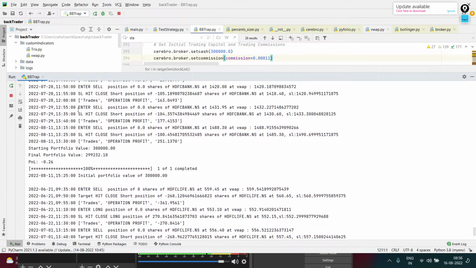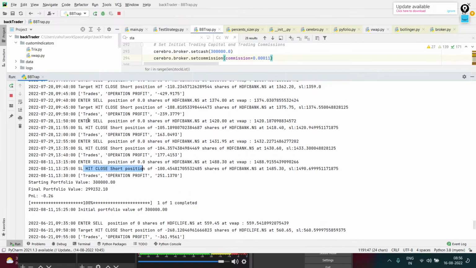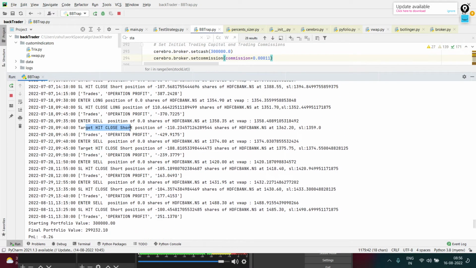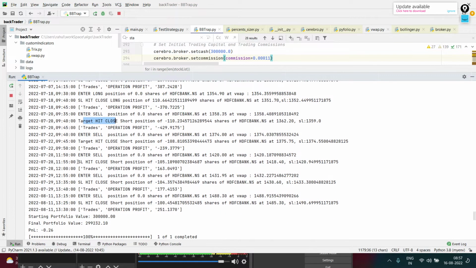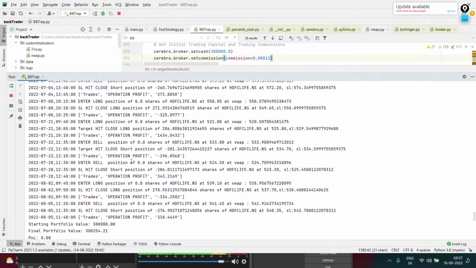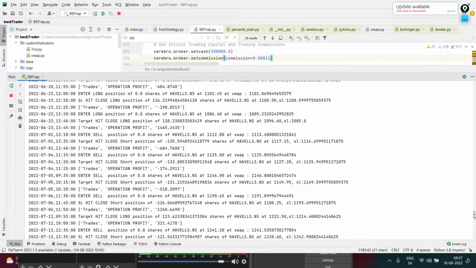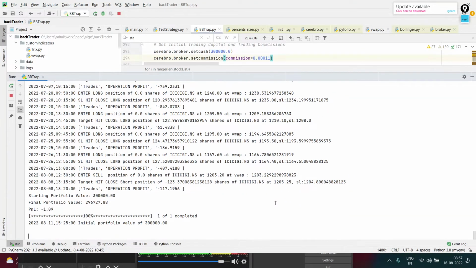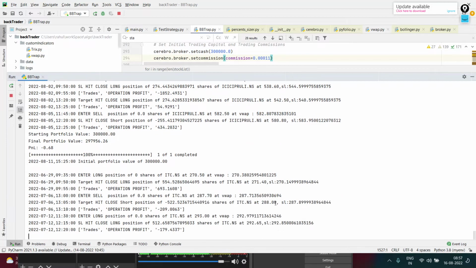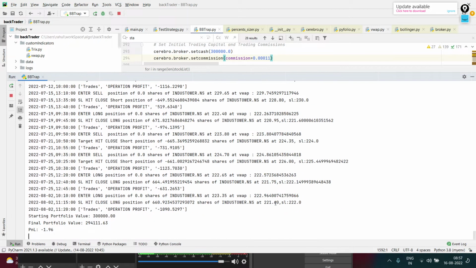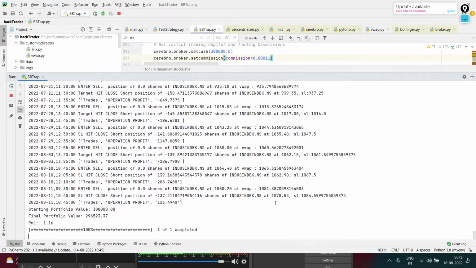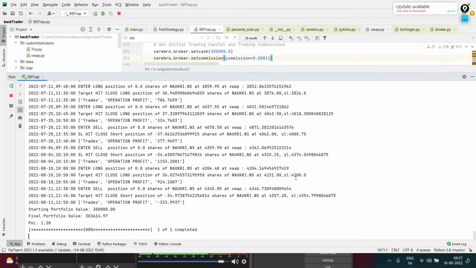There are some stocks, like HDFC Bank, which doesn't seem to perform well with this strategy. It's always hitting a target and then SL. So it's performing average only. We are more interested in the final P&L with commission. Let's see. Come on, man.